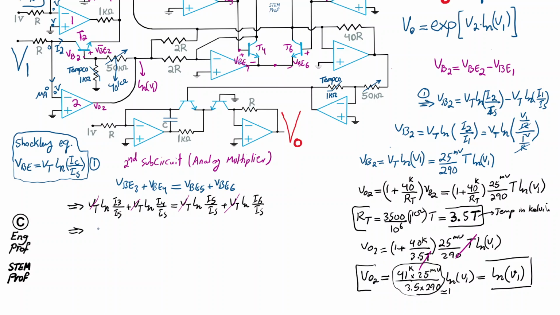So we get I3 times I4 divided by IS squared, equal to I5 times I6 divided by IS squared. As I said, the transistors are matched, so we get rid of IS squared from both sides, and therefore we get just I3 I4 equal to I5 I6.